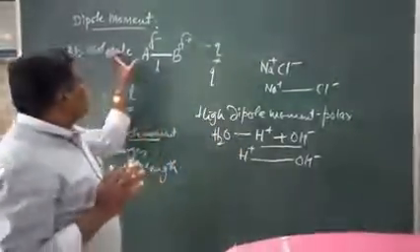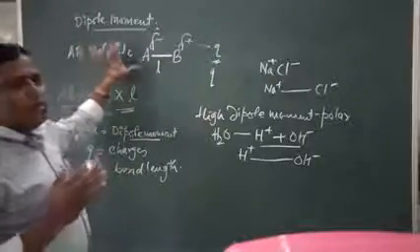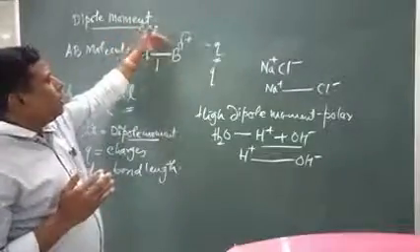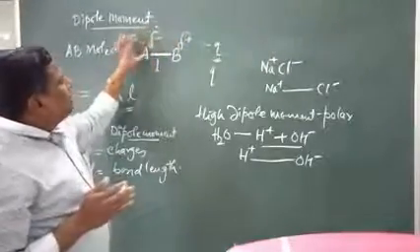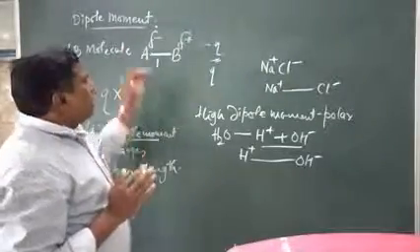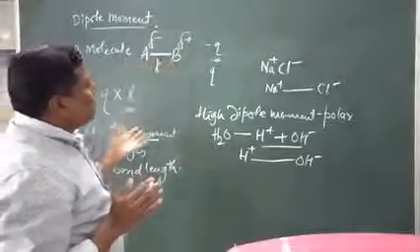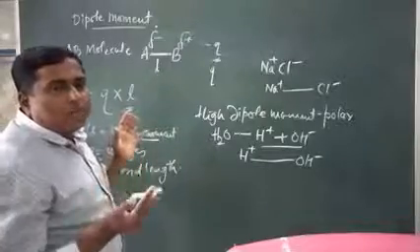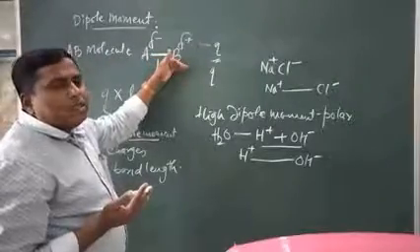How is the dipole moment calculated for AB molecules? Suppose both atoms A and B have charges Q, delta minus and delta plus. Generally, the A atom possesses high electronegativity as compared to the B atom, and therefore they combine due to the presence of positive and negative charges, with an electrostatic force of attraction, and bonding takes place very easily.